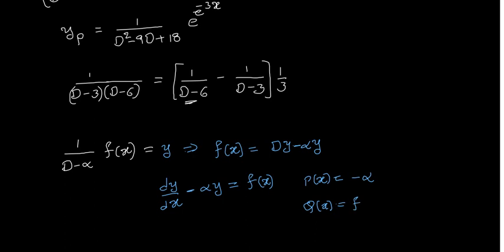Now we know how to find the integrating factor for this. So the integrating factor here is e power integral p dx, that is e power integral of minus alpha dx, which is nothing but e power minus alpha x.